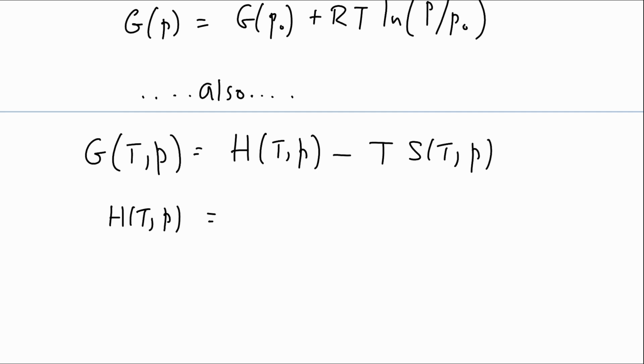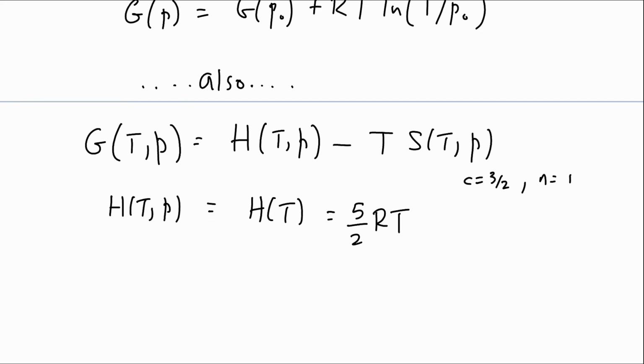I know that it's a function of H of T only, so it's independent of... and for my C equals 3 halves, N equals 1 system, it's 5 halves RT.